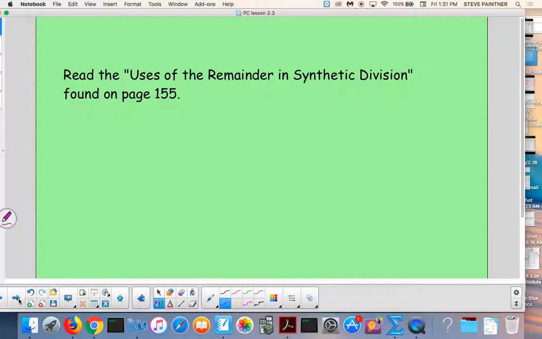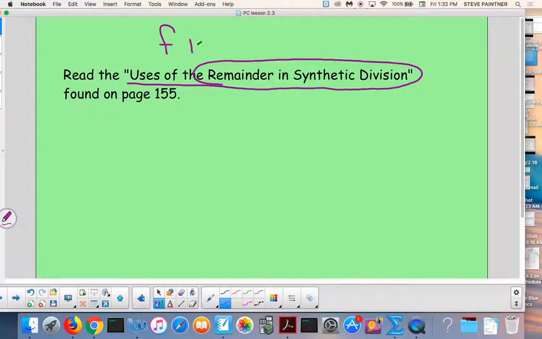You're supposed to go to your book, page 155. Find the uses. What are the uses of the remainder in a synthetic division problem? If you say f of k, you put this in, this is always going to equal what? The remainder. So what if your remainder happens to be 0?